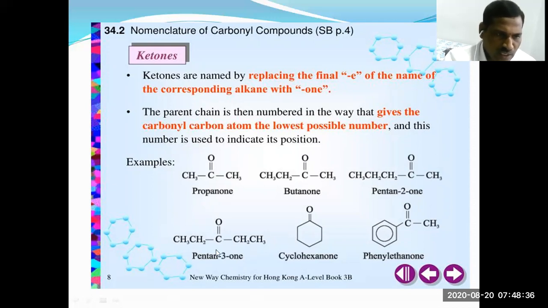Also, you can name it 3-pentanone or pentan-3-one. This is cyclohexane having a keto group. The name of this compound is cyclohexanone. So this is phenylethanone. Another name is acetophenone.